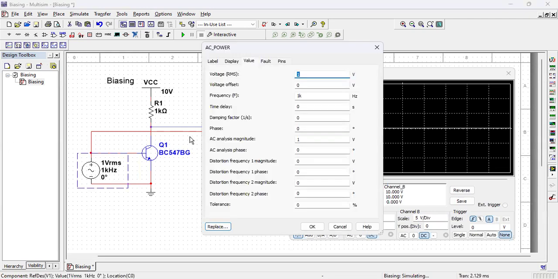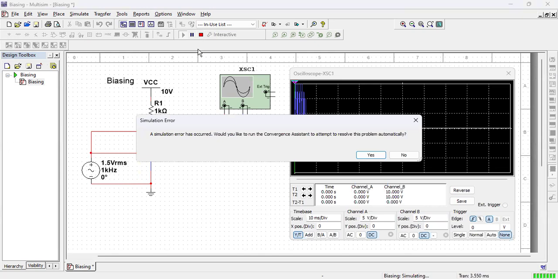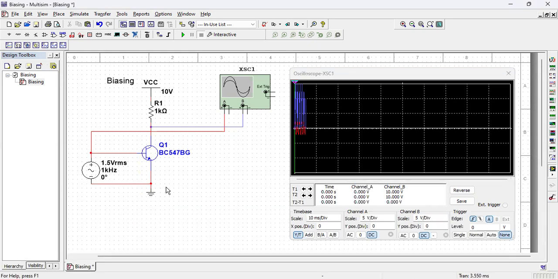I'll increase it a little bit. It's still showing a simulation error. But whatever the oscilloscope shows, I'll expand this, of what it shows really, right?